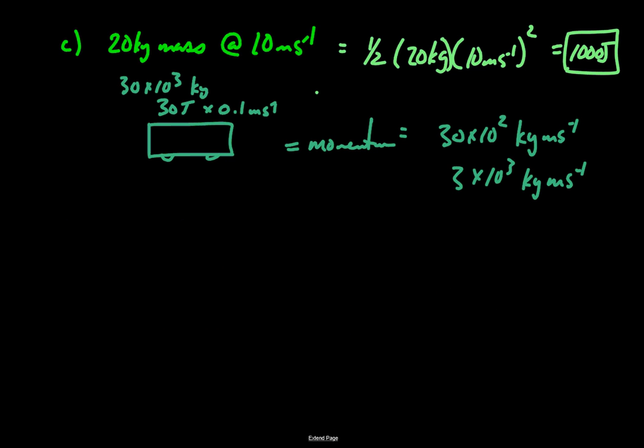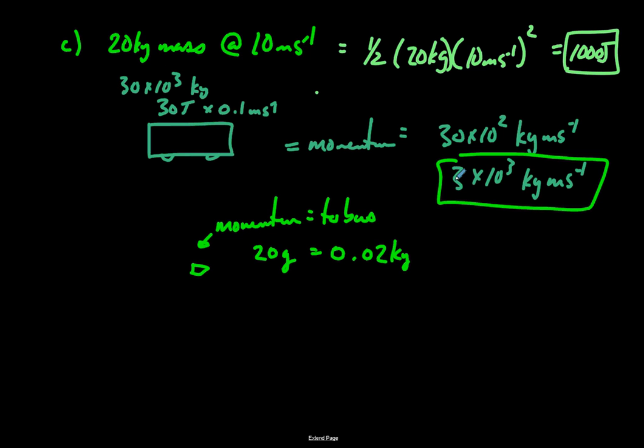All right. Now, let's say I had a bullet with momentum equal to the bus. I don't know if this is going to give us a realistic answer, but let's just say we have a bullet equal in momentum to the bus. And let's say that bullet weighs, I don't know, 20 grams, which is 0.02 kgs. How fast must it be going in order to have this much momentum? Can you figure that out?